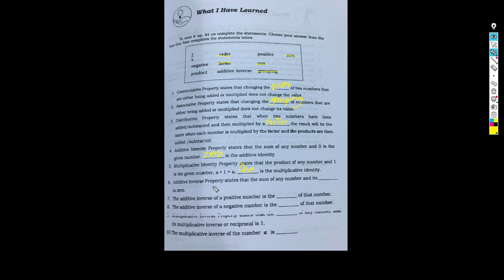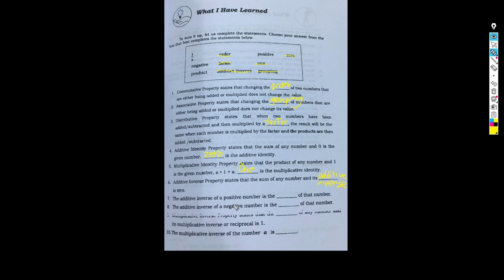Okay, additive inverse property states that the sum of any number and its additive inverse is 0. So additive inverse is the answer here. Very small space, I'll just write the next word, additive inverse. Now, when you add its additive inverse, it becomes 0.